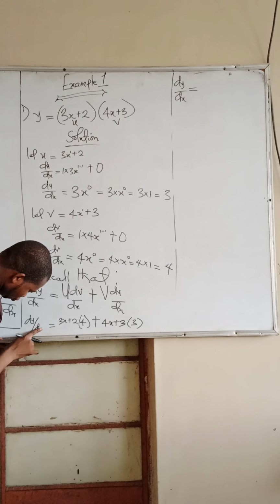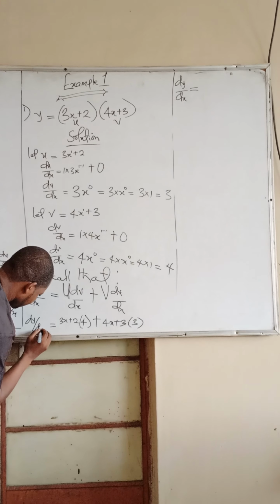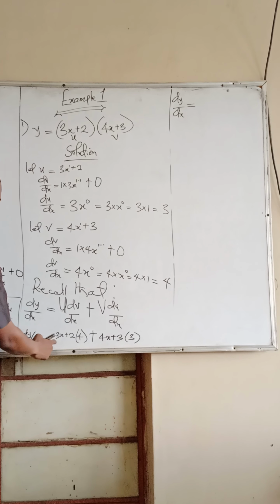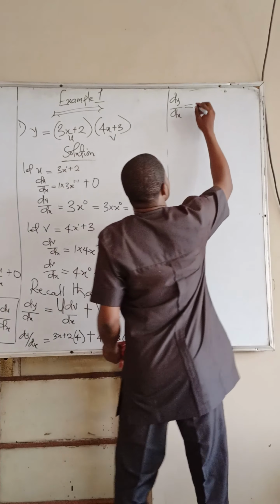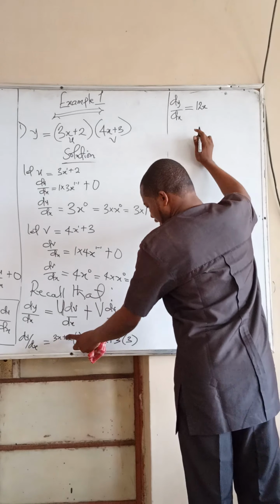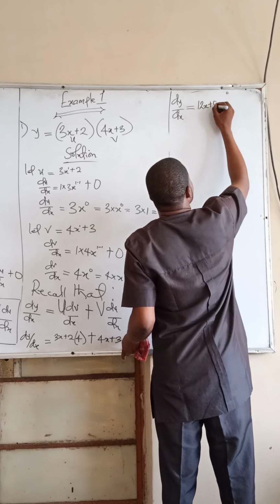This is looking like u dy/dx is equal to 4 times 3x, which will give us 12x. 4 times 2 will give us 8.